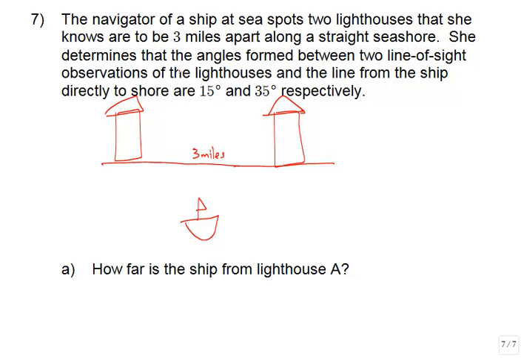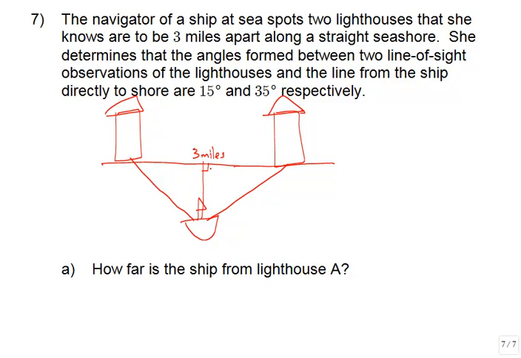She determines that the angles formed between 2 line-of-sight observations of the lighthouses and the line from the ship directly to shore are 15 degrees and 35 degrees respectively. So here would be the line of sight to the first lighthouse, here would be the line of sight to the second lighthouse, and the line from the ship directly to shore would be this perpendicular right here.